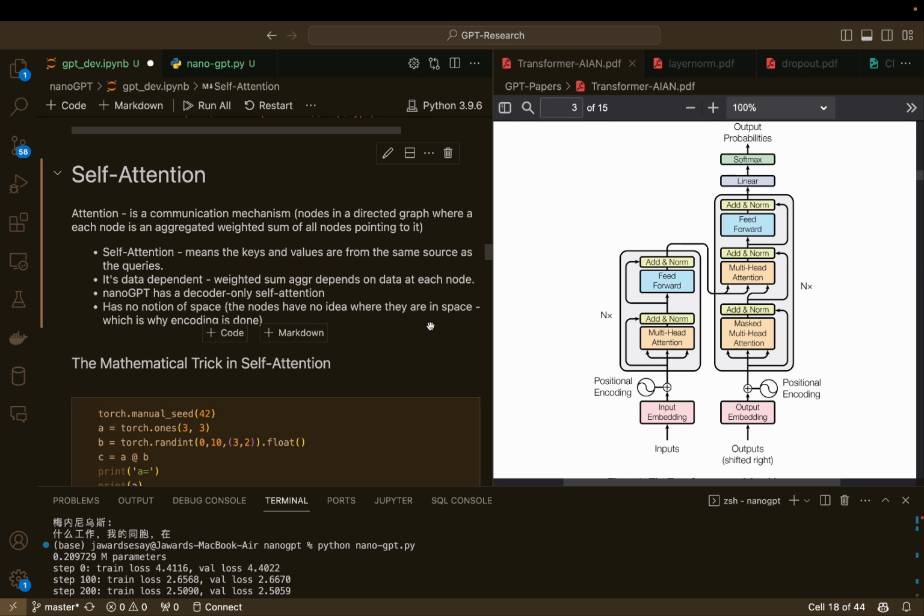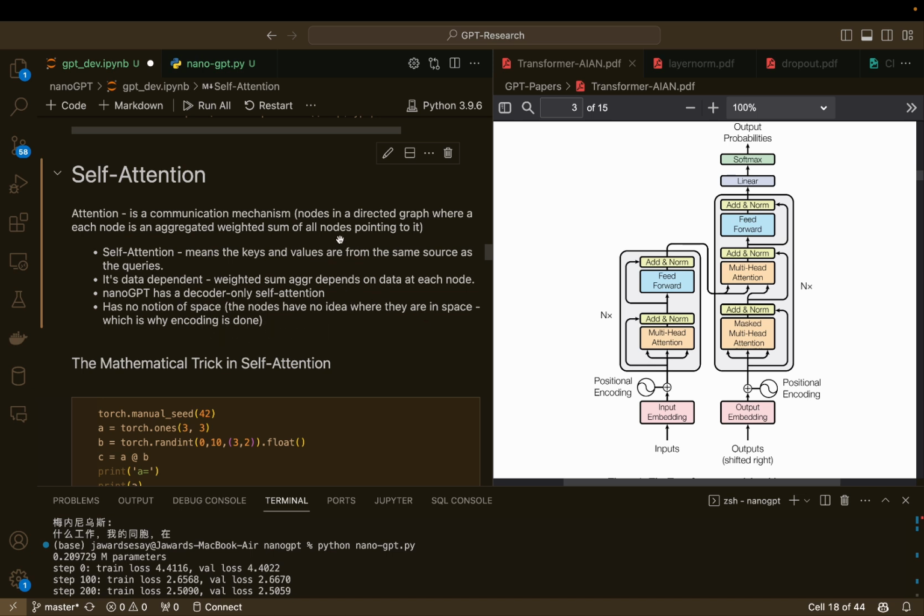You can think of it as nodes in a directed graph, and these nodes are aligned in such a way that each node is the aggregated sum of other nodes. It could be the preceding nodes, sorry, the previous nodes.